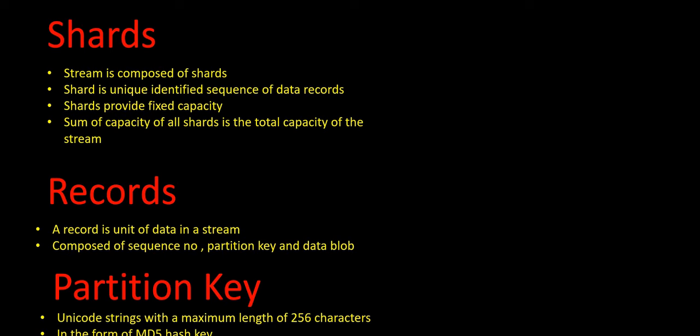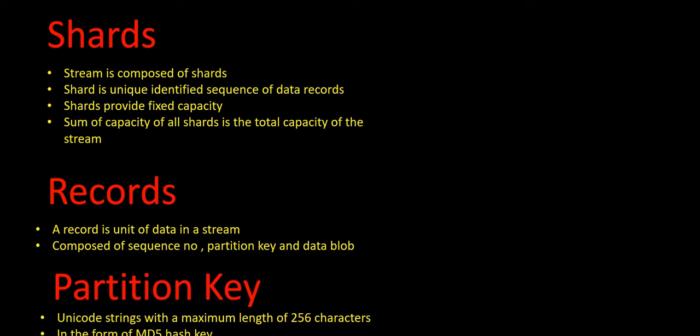Next terminology is records, or you can also say the message. A record is a unit of data in a stream. In every source, there is data flowing, that is, you can say the records. A record is composed of sequence number, partition key, and data blob. So there are three parts of a record.